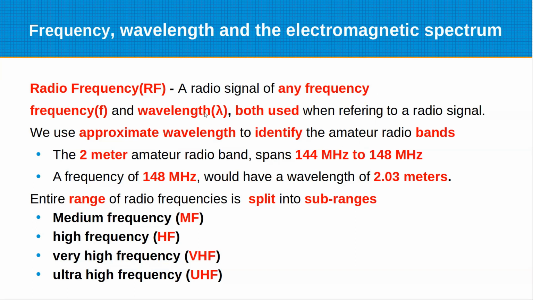We use both frequency and wavelength when we talk about radio signals. Basically, wavelength represents bands of frequencies because it's easier than talking about specific frequencies.